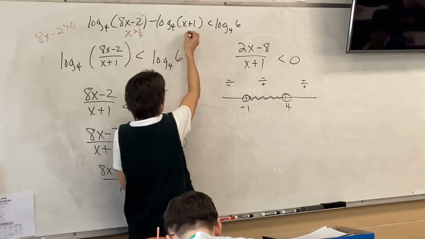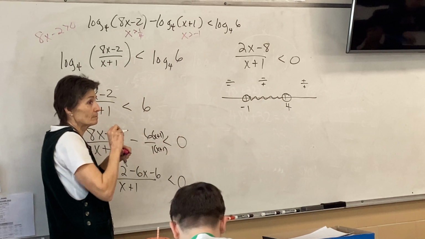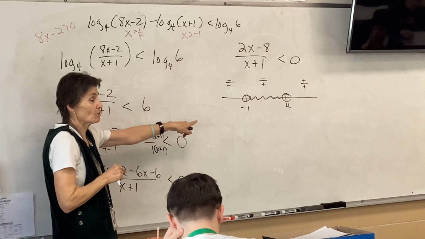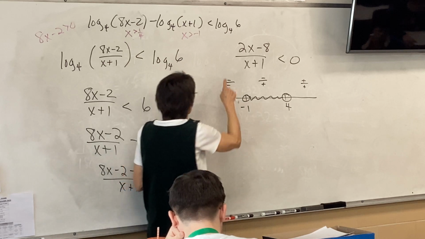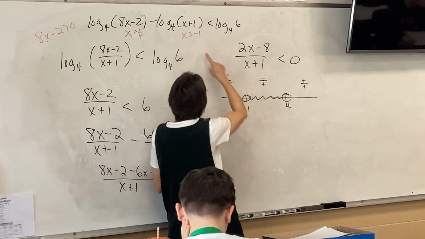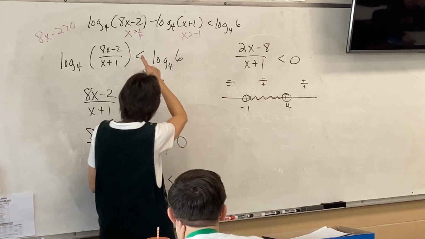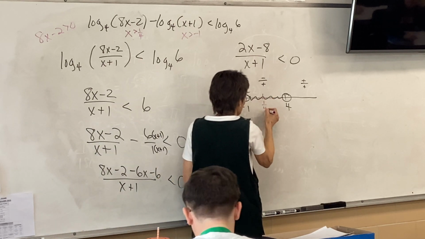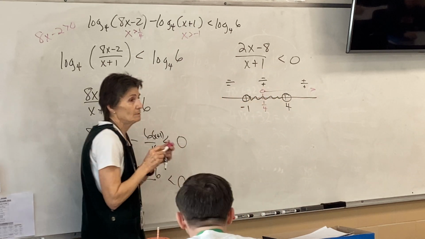And this says x has to be greater than -1. So both of those have to find their way into my number line. That one's already covered, so I'm good with that. X has to be greater than 1/4. So here's 1/4, and x has to be greater than it.